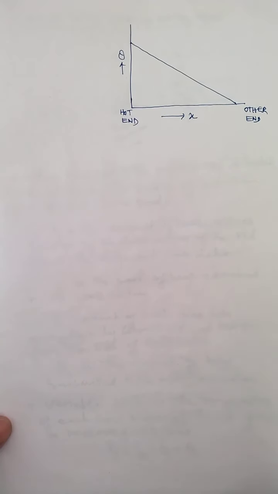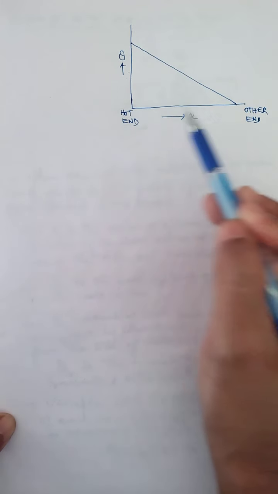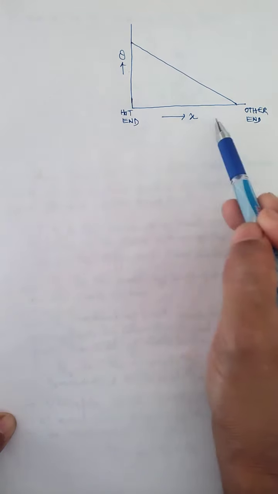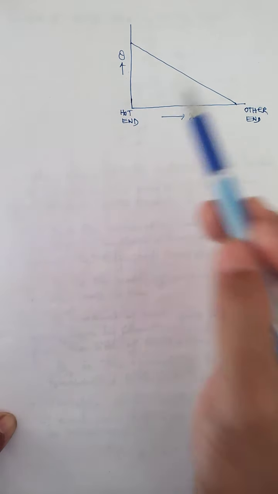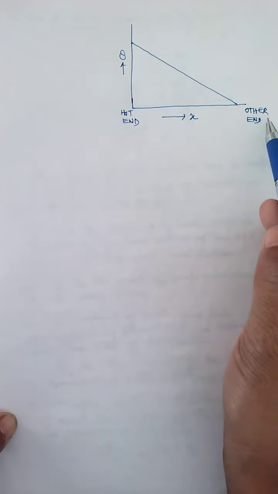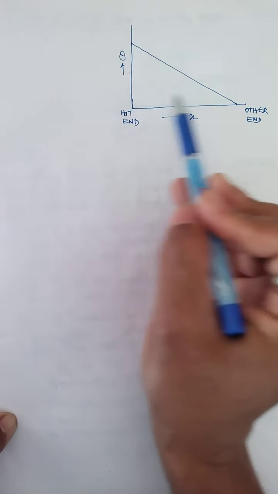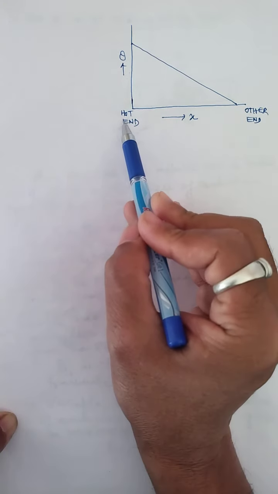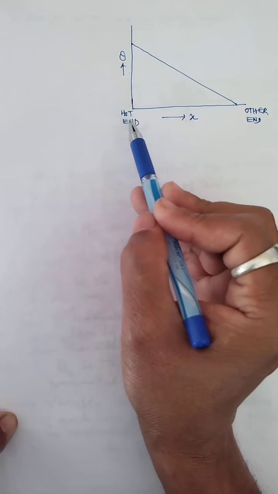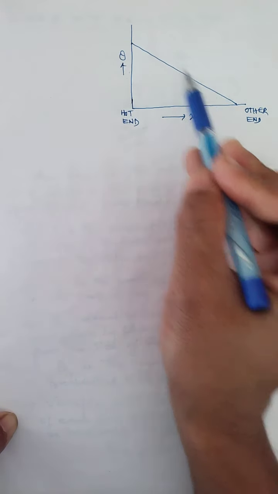So children, when you draw a graph between temperature and distance as we move from the hot end to the other end, then when the distance increases, the temperature decreases, and it decreases linearly.